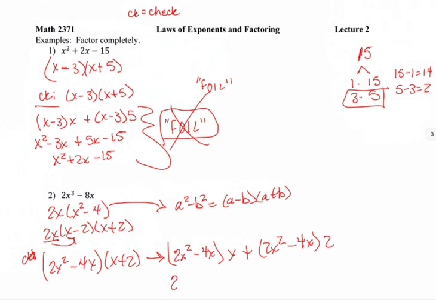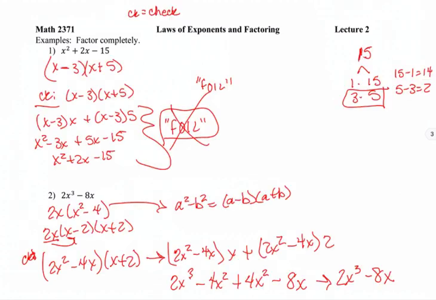So then I have 2x cubed minus 4x squared plus 4x squared minus 8x, which yields, notice that I am not writing equal signs. If it doesn't have it to start with, I don't add it.